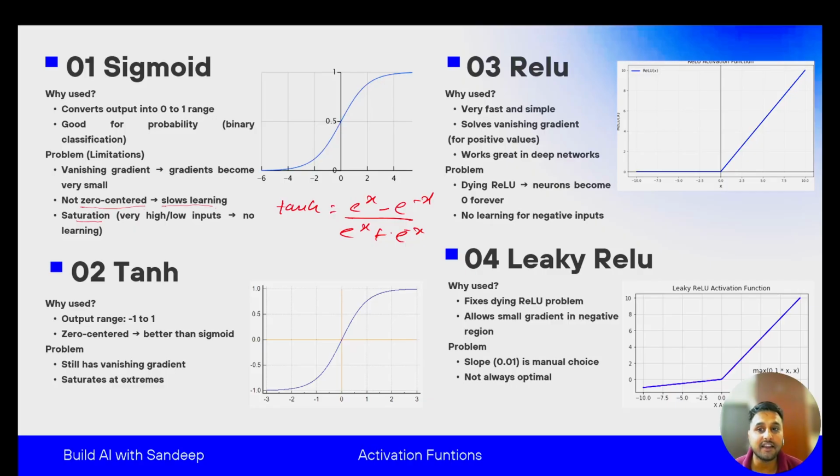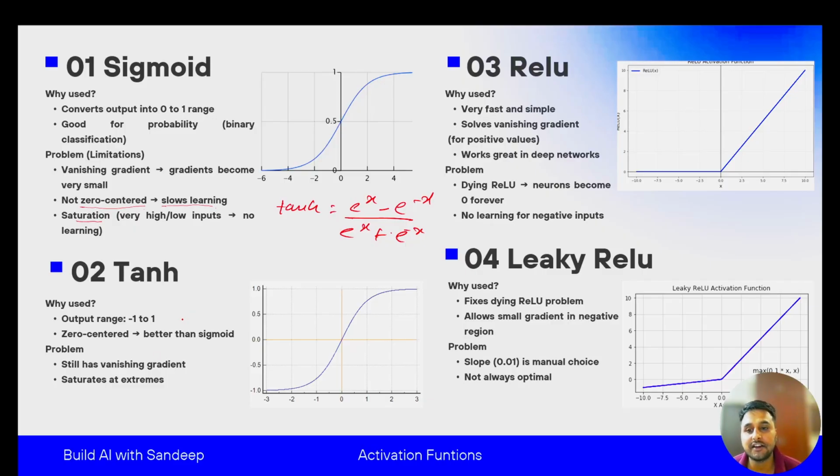That creates very slow learning, and apart from that, the gradient moves in the same direction because all the outputs of sigmoid are positive. That's why an activation function must be zero centered, so that it gives us positive, zero, and negative values, which allows the updates to be stable during training.